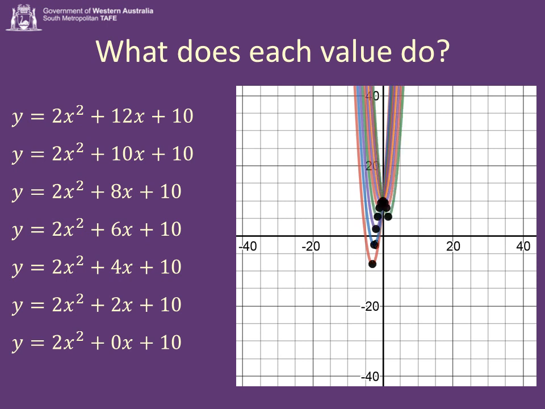Look, if I keep changing it, it follows that pattern. And that pattern is another quadratic. In fact, I'll dot that in. And it's the quadratic equation y equals minus 2x squared plus 10. So it's the equation I started with, upside down, without the b term.